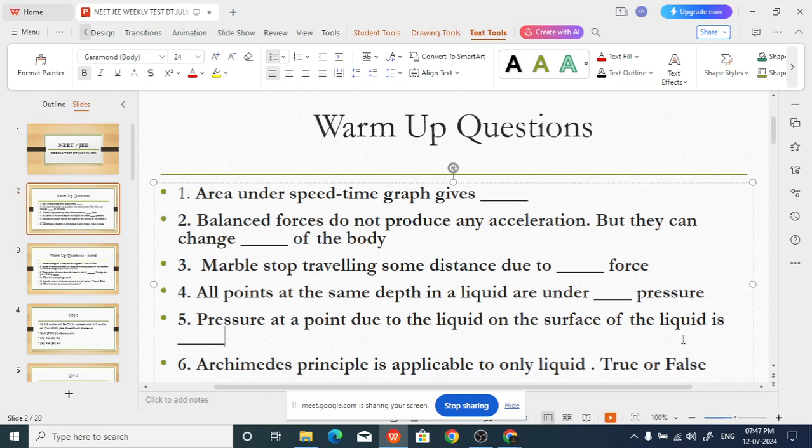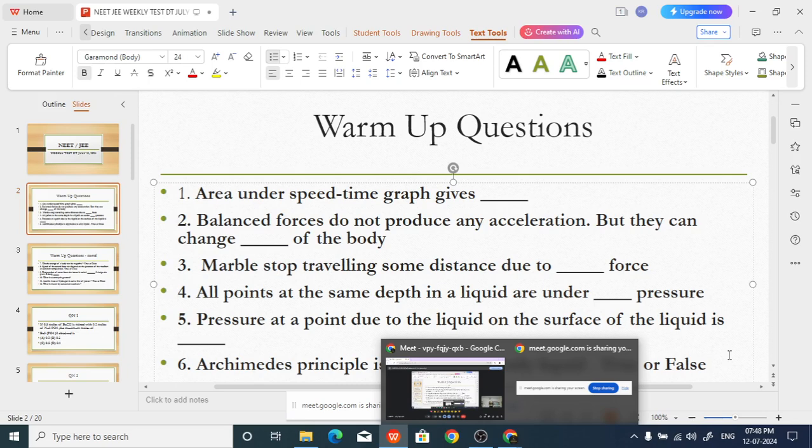Can anybody read? Sixth question. Are you able to see the sixth question?